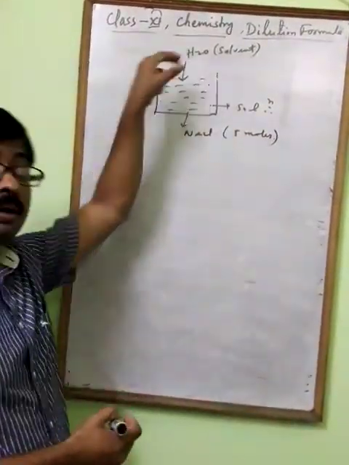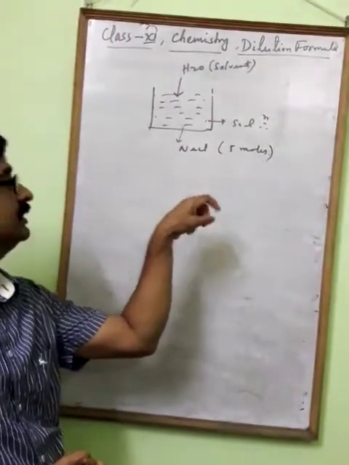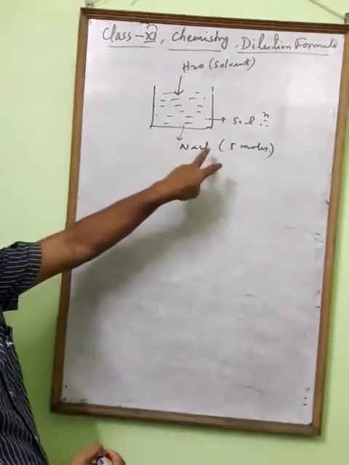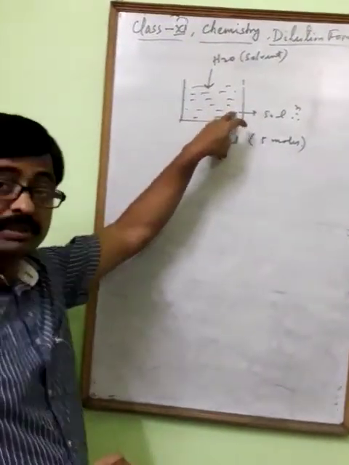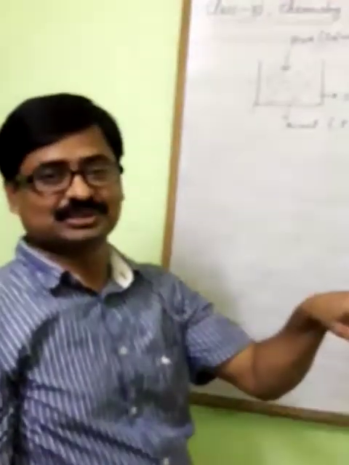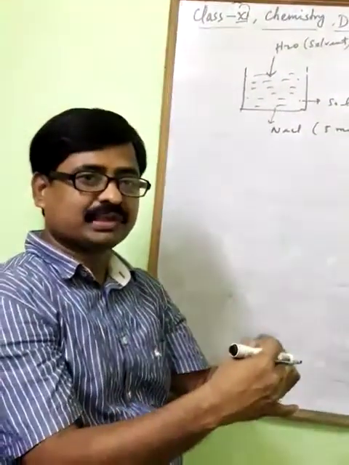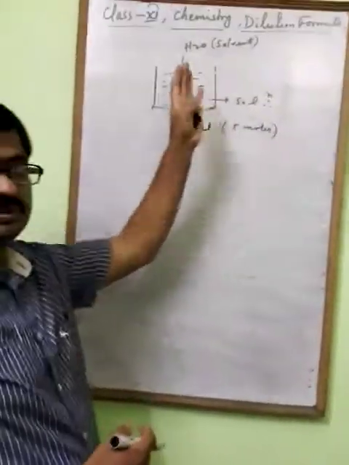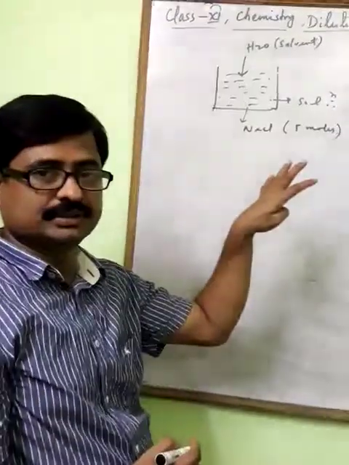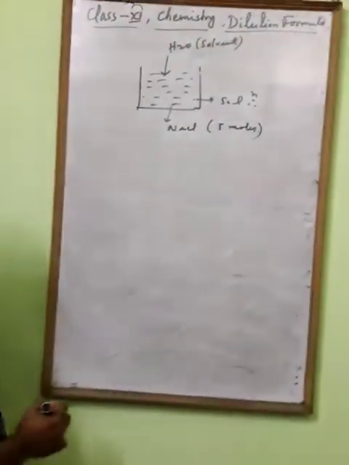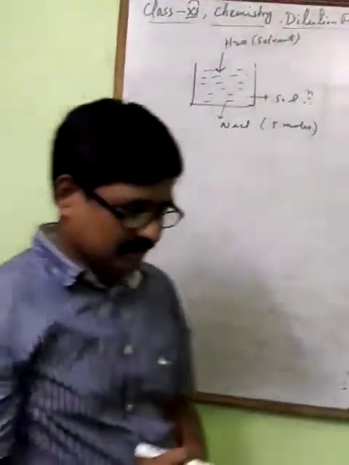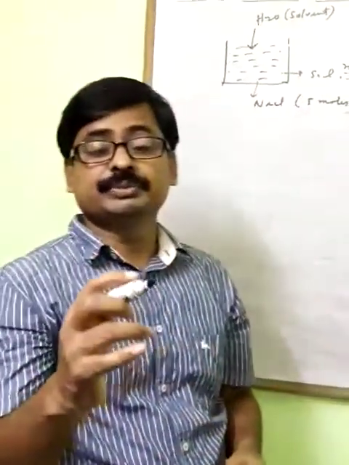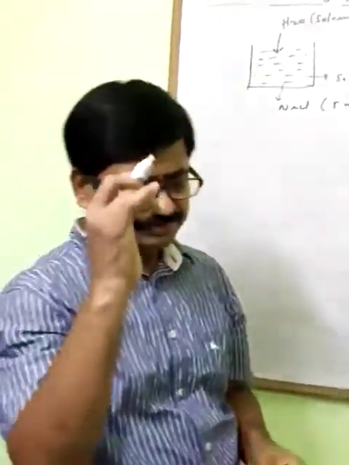After addition of more solvent, that is water, the number of moles remains the same, but the concentration becomes less. On dilution, concentration will be less, but the number of moles in the system will be the same. Keep in mind.